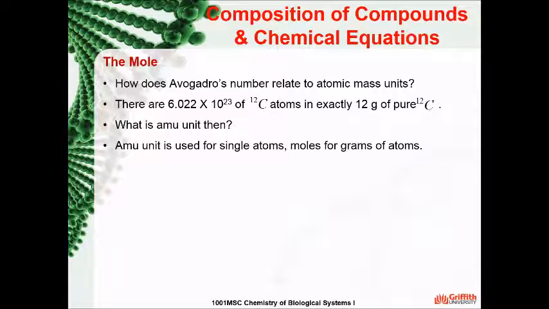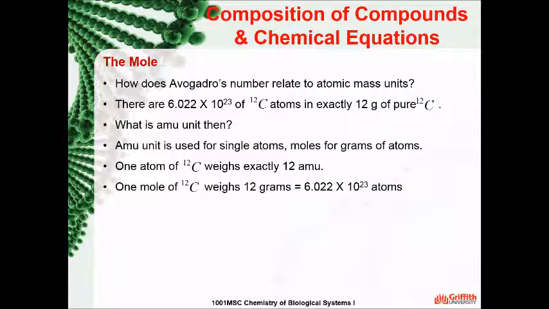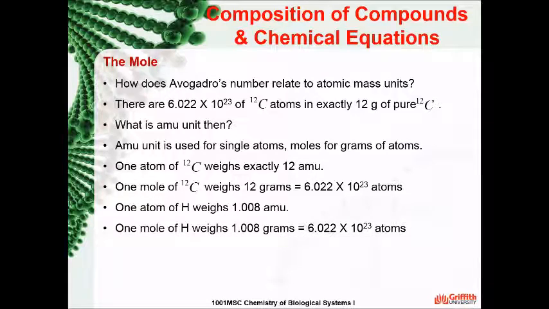AMU is used when we are dealing with single atoms, whereas mole is used when we are dealing with grams of atoms. For example, one atom of carbon-12 weighs exactly 12 AMU. 1 mole of carbon-12 weighs 12 grams and contains 6.022 times 10 to the 23 atoms. 1 atom of hydrogen weighs 1.008 AMU. 1 mole of hydrogen weighs 1.008 grams and contains 6.022 times 10 to the 23 atoms.